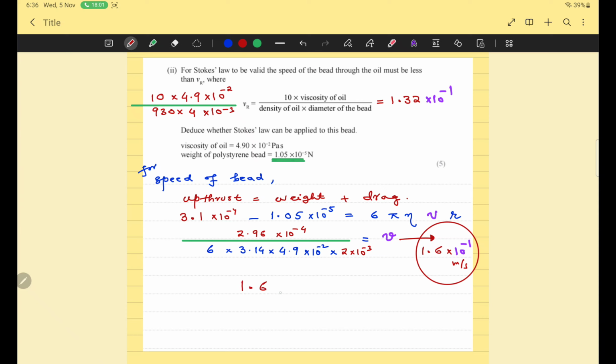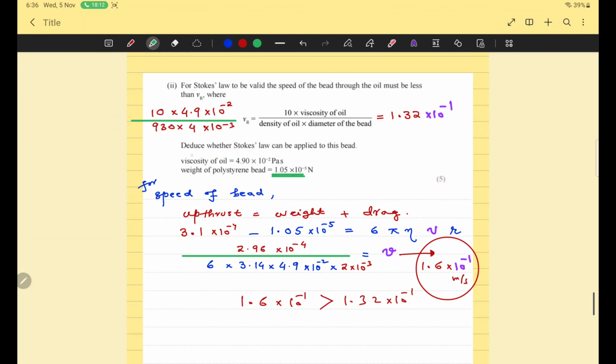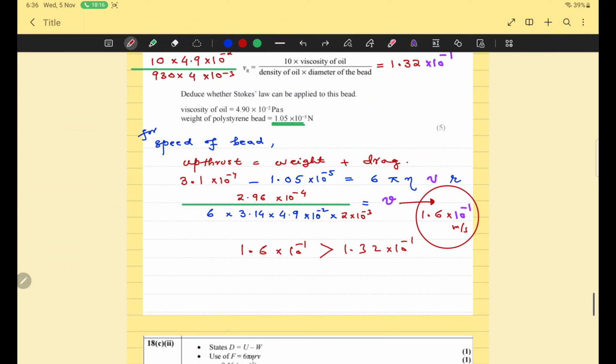The velocity we have calculated, 1.6, is greater than 1.3, the value of VR. So it shows Stokes law cannot be applied.